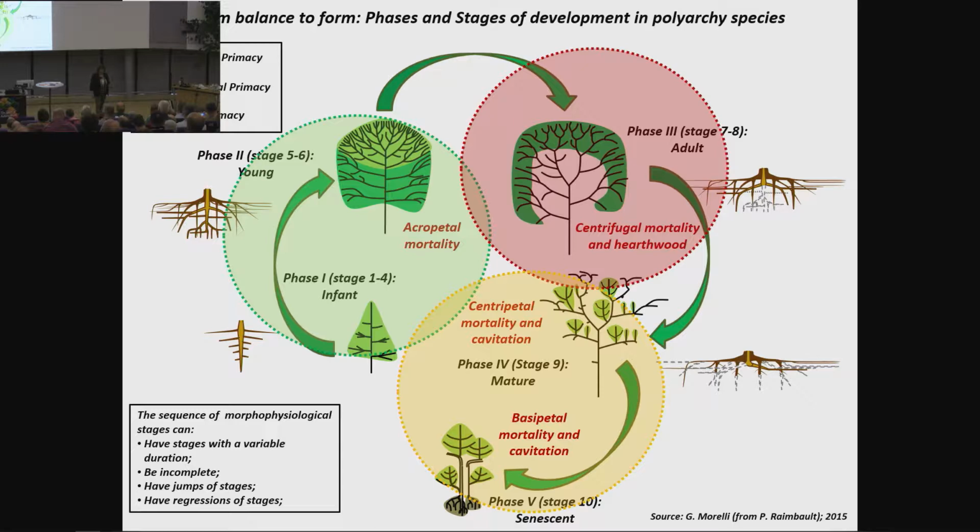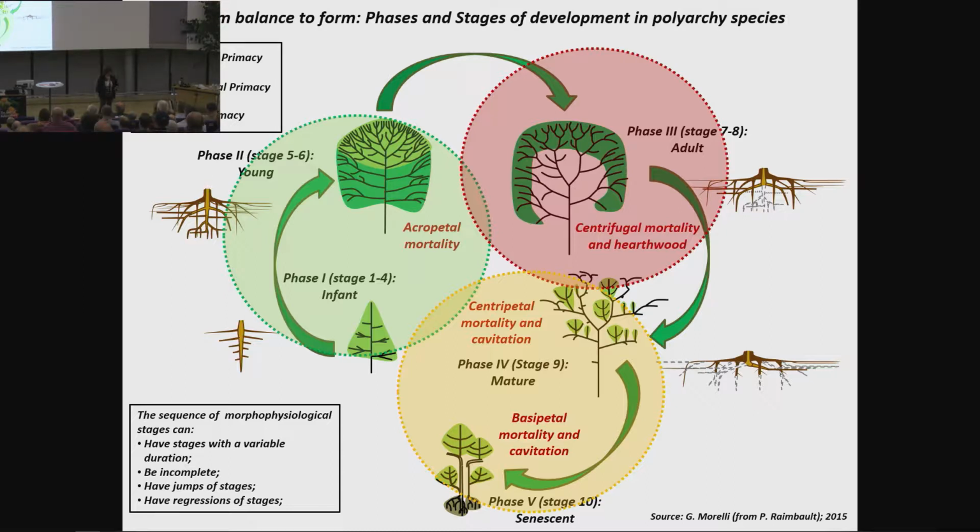According to a French researcher, Pierre Rimbaud, we can divide the life of a tree into 5 phases and 10 stages. These tree balances affect or have primacy differently during the life of a tree.